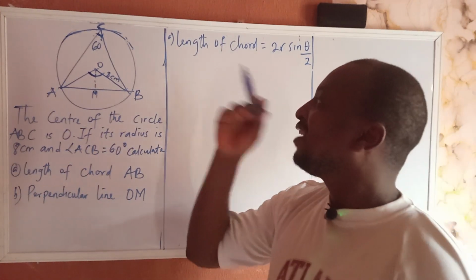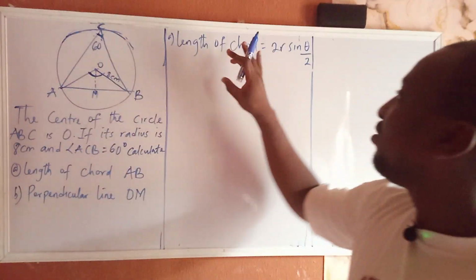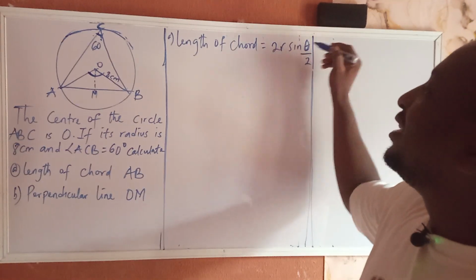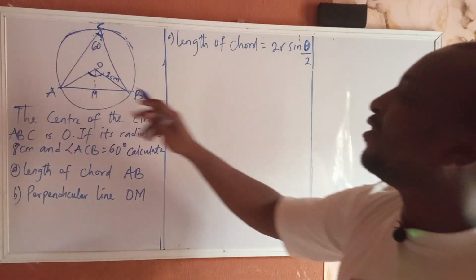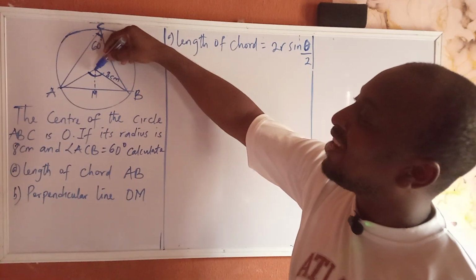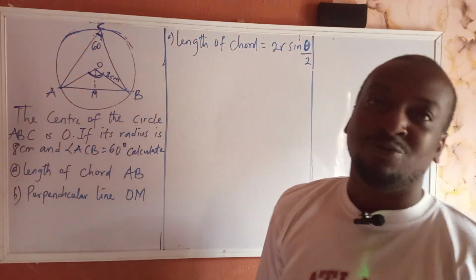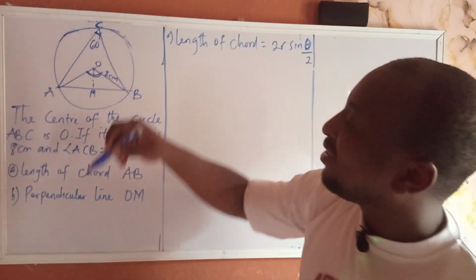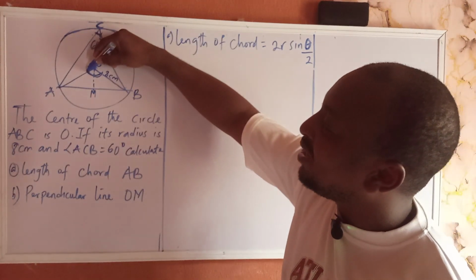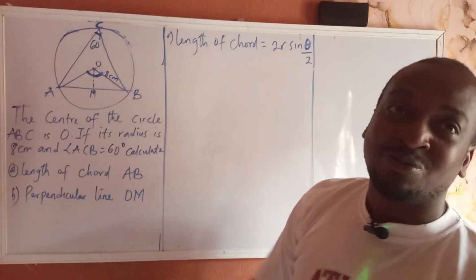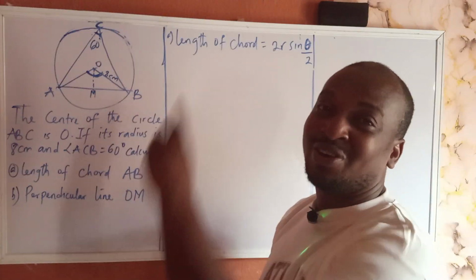But the only thing in this diagram compared to my solution is that the theta here stands for the angle subtended at the center of the circle. And if you look at the diagram, we do not know the angle subtended at the center. This leads us to the circle theorem.